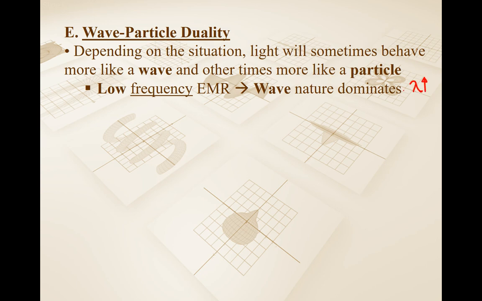The higher the wavelength of your EMR, the more the wave nature is going to dominate. If you're wondering why, in order to get light to diffract, you need really, really tiny slits. If your wavelength is quite a bit bigger than the size of the slit, then you can get quite pronounced diffraction. If the wavelength is super small, that's not going to happen.